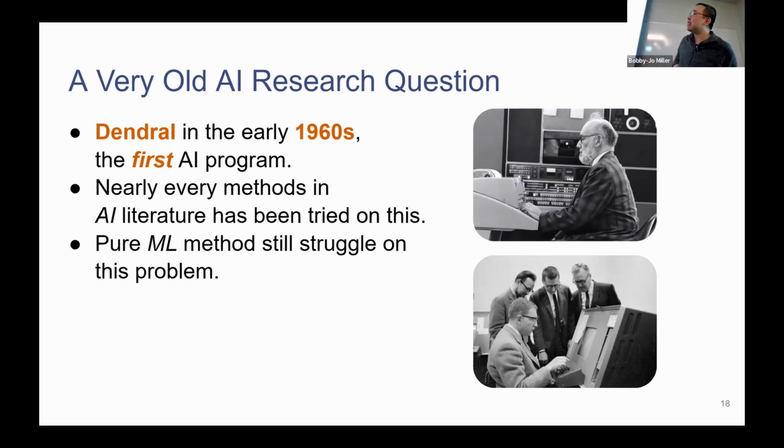Then, to date, nearly every single method you can think of in the AI literature has been tried on this problem, ranging from expert systems to machine learning, where we saw the use of linear regressions, SVMs, and obviously neural nets. We are also aware there were attempts using reinforcement learning, which didn't work that well.